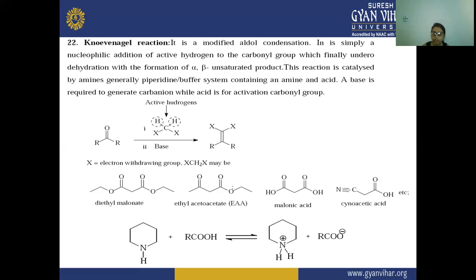The base is required to generate the carbanion, while the acid is for activation of the carbonyl group. So here you will see that this is a ketone. This is reacting with this active hydrogen and the base. So X is your electron withdrawing group, and the XCH2 may be diethyl malonate, ethyl acetoacetate, malonic acid, or cyanoacetic acid.